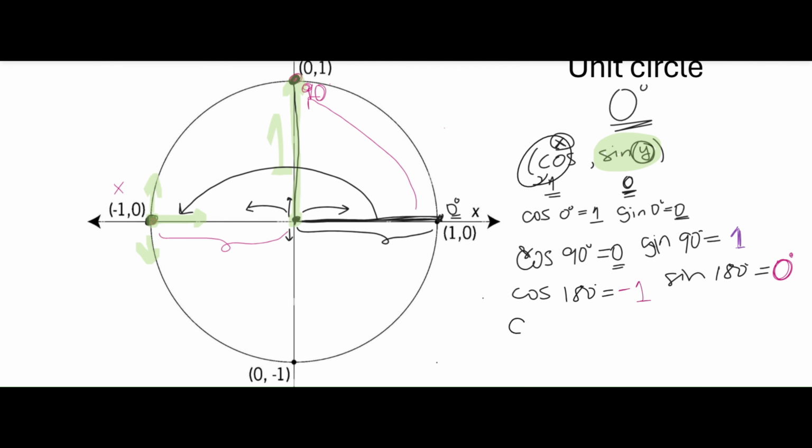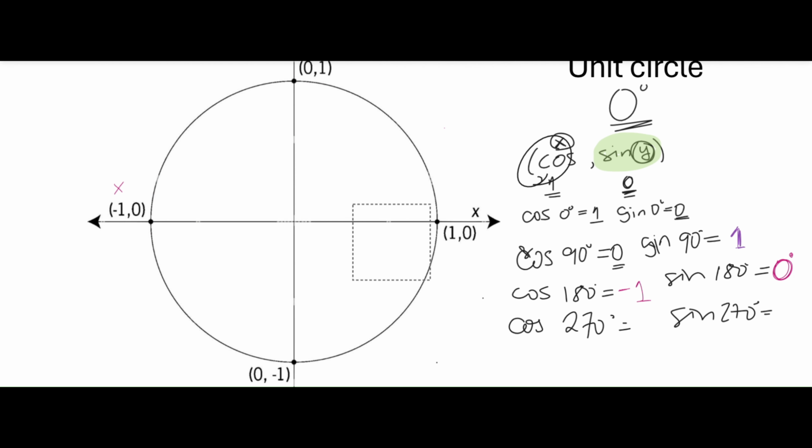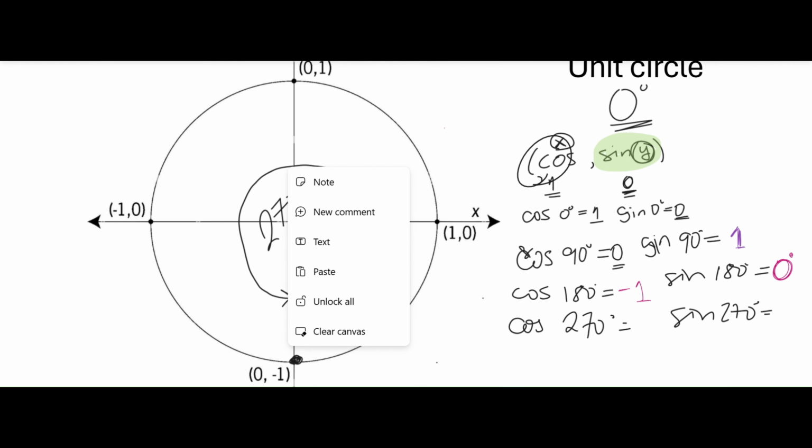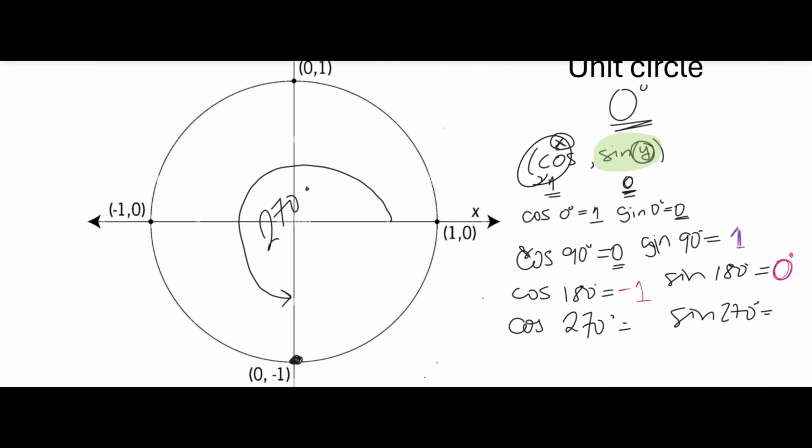Then we have cosine of 270 and sine of 270. Okay, let us remove everything else. 270 degrees, we start from here until we reach this point here. Yes, because this is 270 degrees. What happens with the cosine value first?